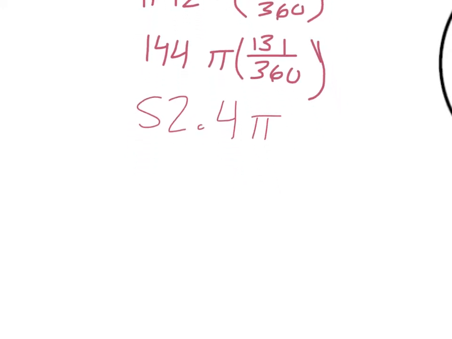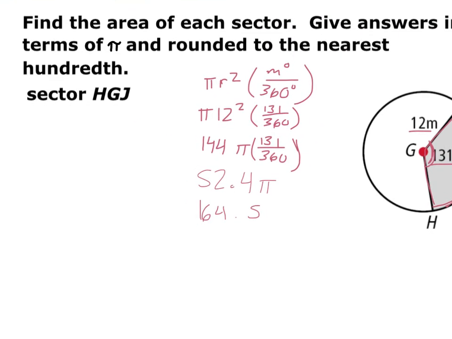And then we can multiply 52.4 times pi, which would give us 164.5. Round to the nearest hundredth, which would be 2 decimal places, so 5, 4. So these would be our two answers for this one, in terms of pi and rounded to the nearest hundredth.